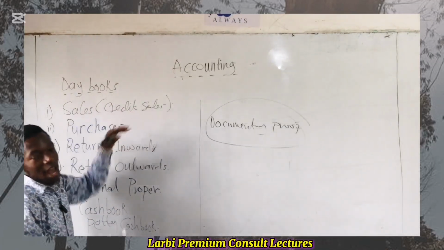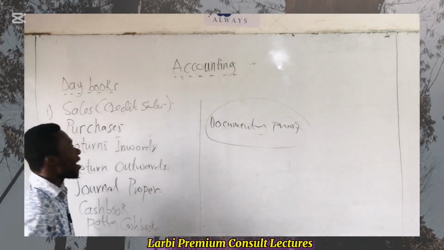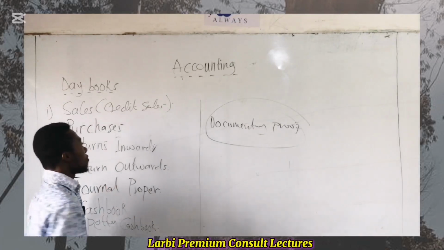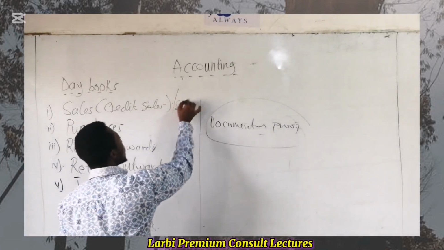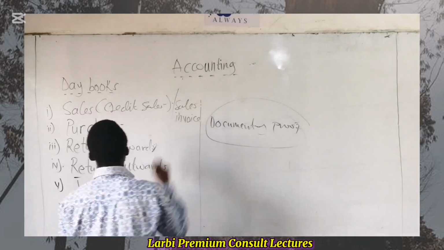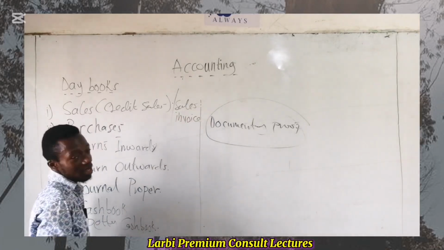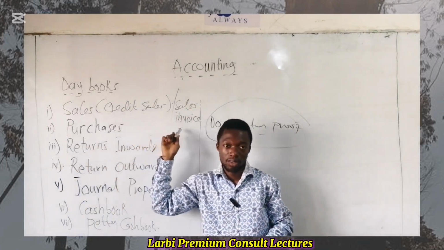And before we can record anything in the sales day book, there should be what we call a sales invoice. So for credit sales, the source document used is called a sales invoice. That's the source document used for recording transactions in the sales day book, because here we are talking about credit sales.